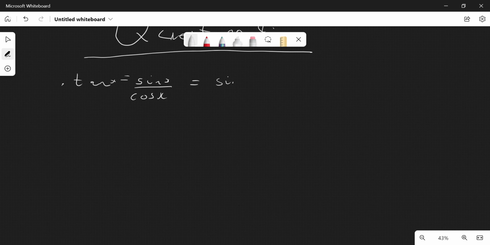That gives me sine squared x over cos squared x. All right. And then we have 1 is equal to cos squared x plus sine squared x. Okay, so I have my identities.